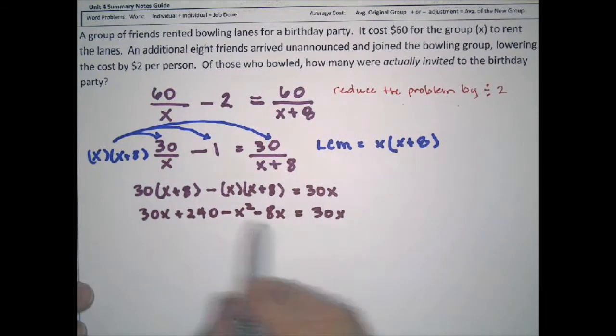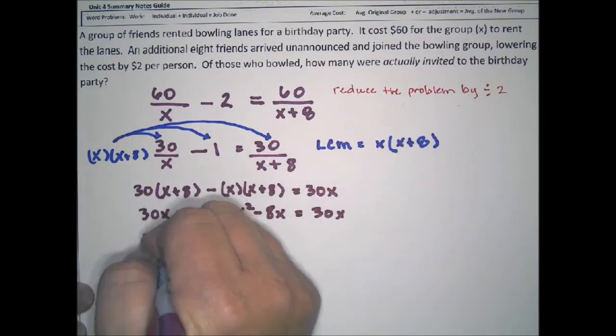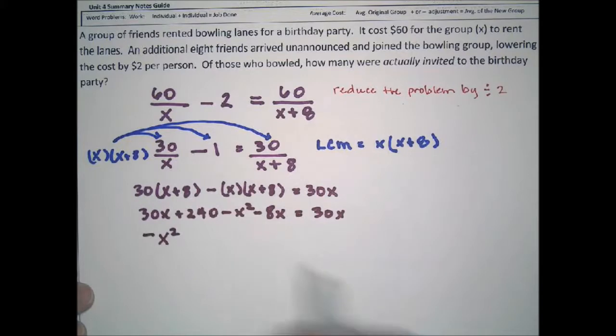Let's still clean up what we can. I'm going to put it in descending order of x's. So the left-hand side has negative x squared. It also has my x's. I've got 30x and minus 8x, but they're on the same side of the equation, so I'm just going to combine like terms.